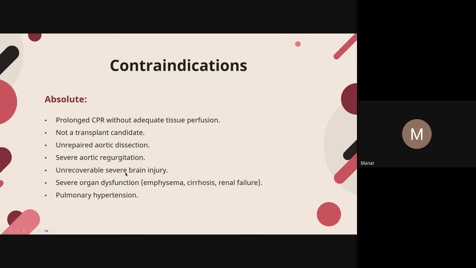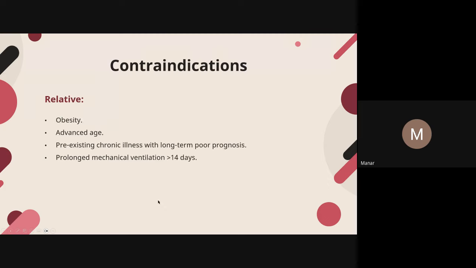And unrecoverable severe brain injury, severe organ dysfunction such as emphysema, cirrhosis, renal failure, and also pulmonary hypertension. As for the relative contraindications, we've got obesity, just because obese patients have many underlying conditions and have a higher risk of clotting and respiratory compromised lung function.